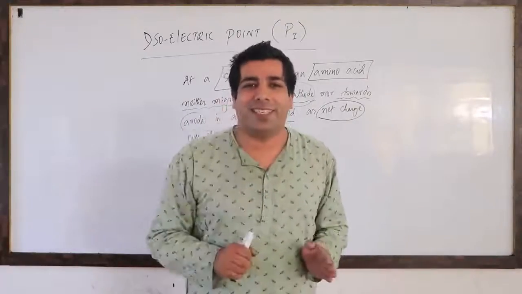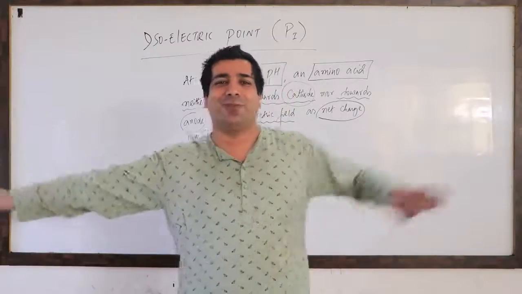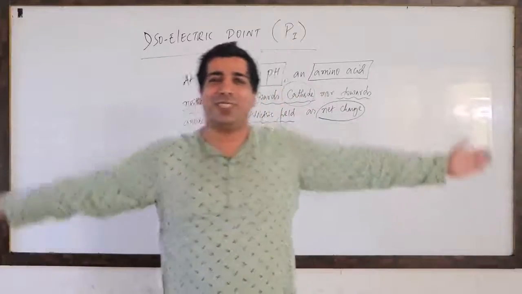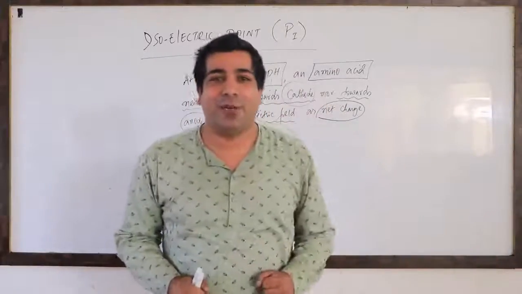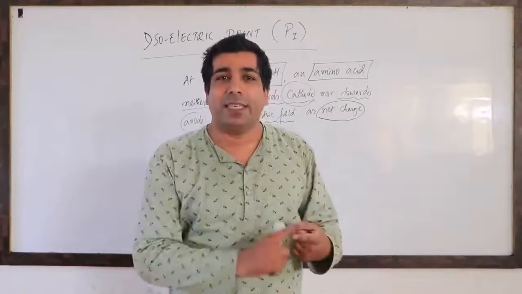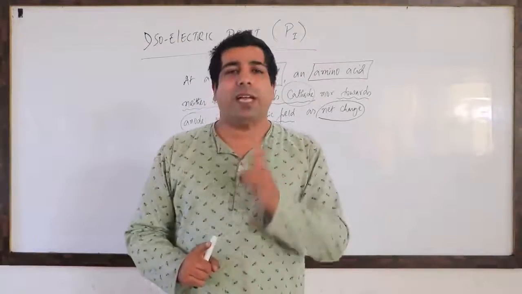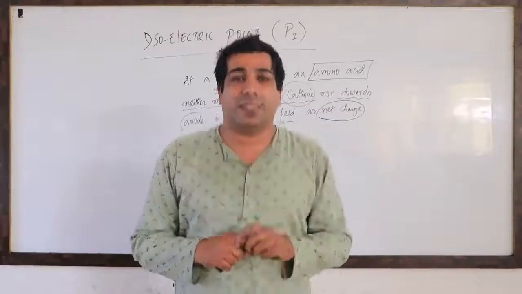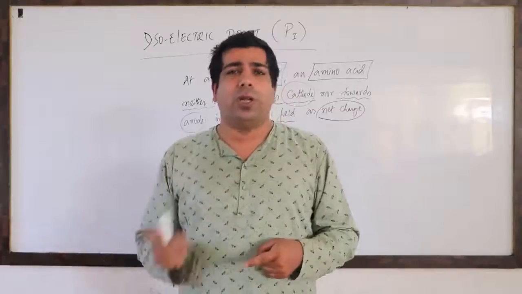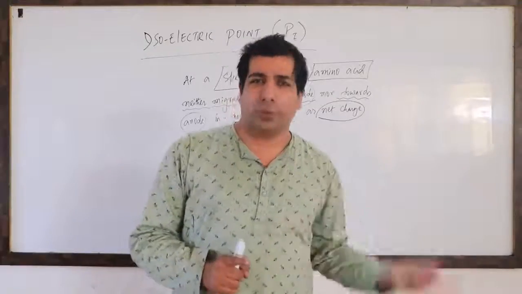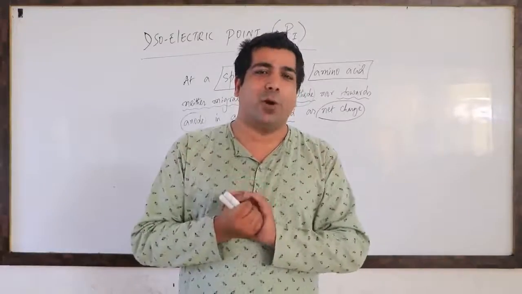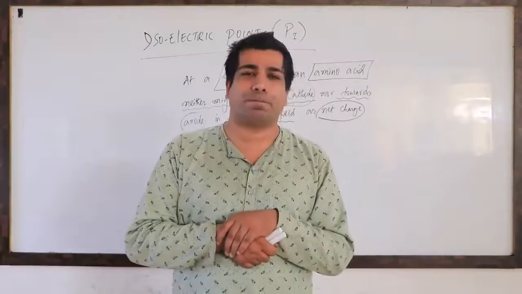I don't migrate because I am being attracted on both sides, plus and minus, towards cathode and towards anode. So that's why I'm telling you, my dear friends, every amino acid will act as a zwitter ion. It will neither migrate towards cathode nor towards anode, okay? But at a specific pH. I hope you have understood this particular thing.